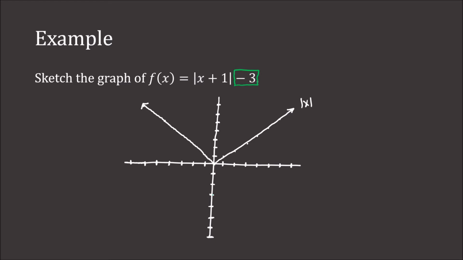So now the vertex will occur there. And that's going to be the result.